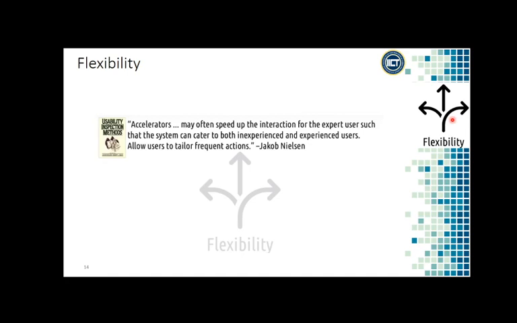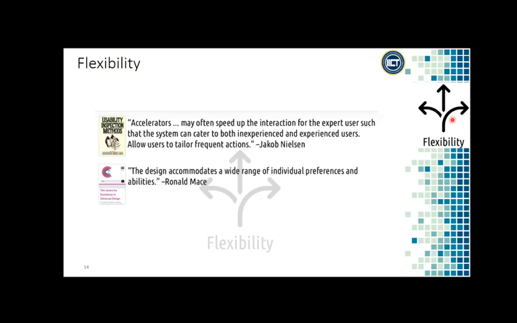So in reality, they both are right, and we have to design the systems for both of them, not just for the one. And that has been said by Nielsen. So Nielsen is most interested in catering to both novice and expert users, while Ronald Mace here states that the design accommodates a wide range of individual preferences and abilities, is more interested in accommodating the users of various abilities and preferences, but the underlying principle is the same.